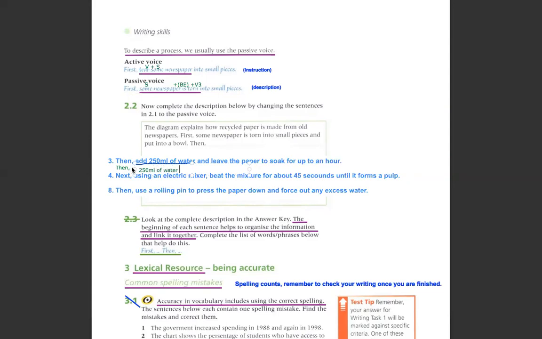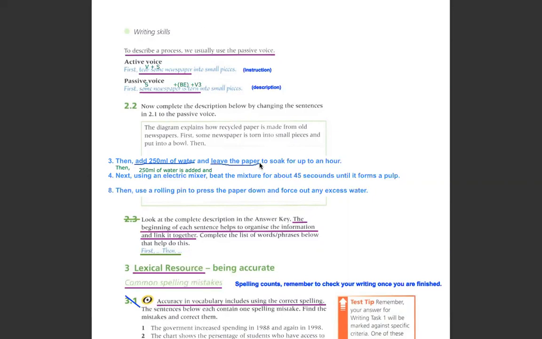This is our subject. Verb to be is verb 3 added. Okay, what about the second half of the sentence? So again, look for your verb and subject, leave the paper.